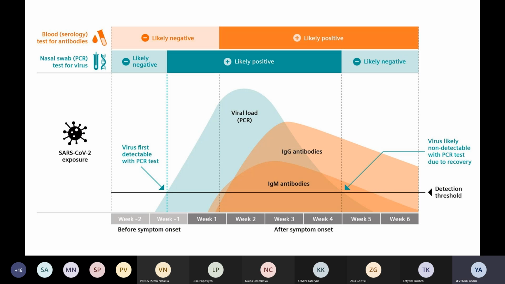So as you can see on this chart, antibodies start developing at the end of the first week. They peak around week 3 or 4 and start declining after week 5 or 6.